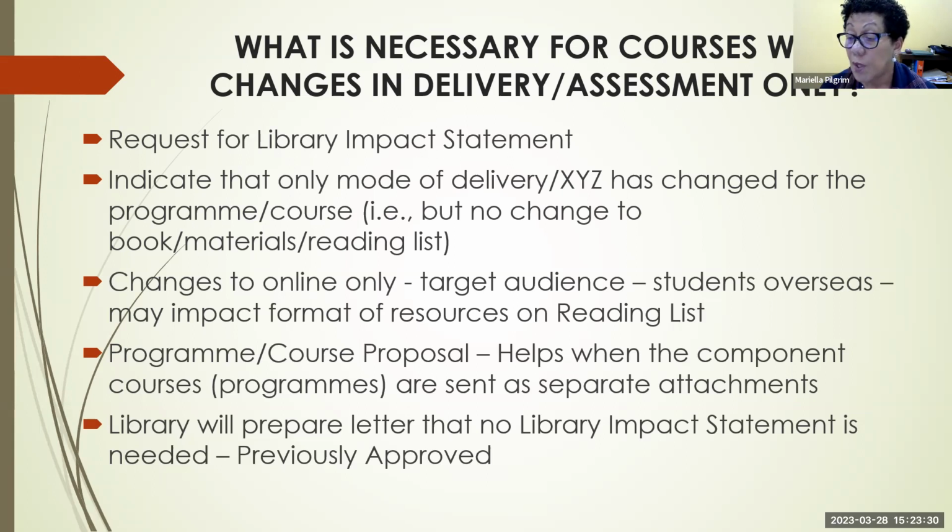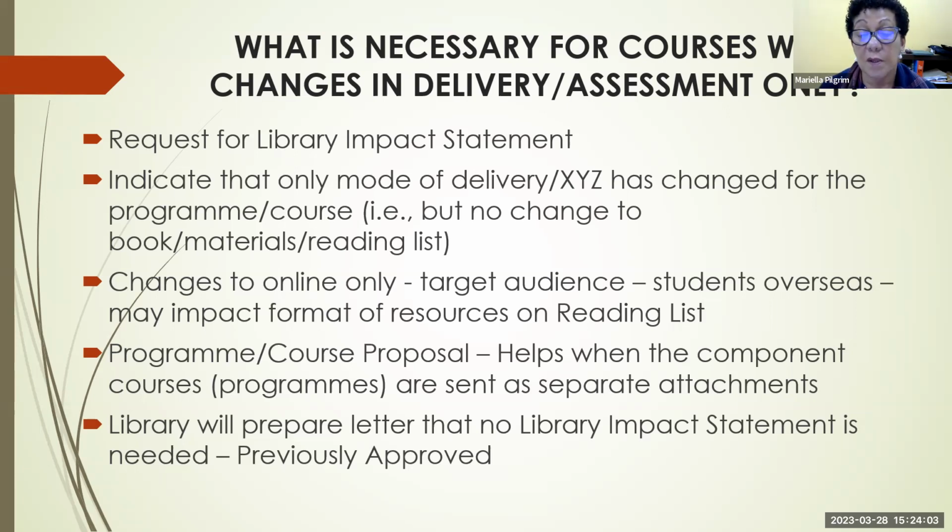You can meet with your liaison librarian, submit the documents, and have a chat via Zoom or Teams, whatever, to clarify: yes, this was pre-approved, I'm not making any major changes, I'm not changing anything to the reading list, I'm just changing the assessment, maybe going from one final exam to a few.